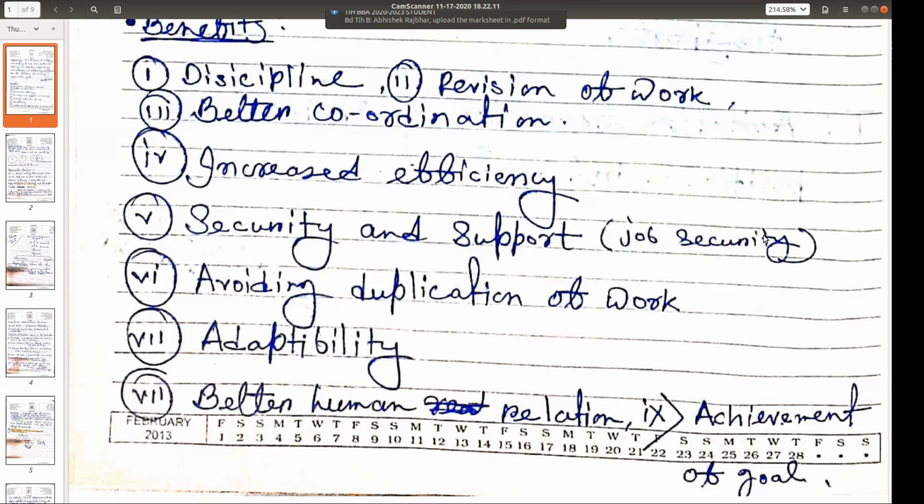Next, if we can do this, then obviously our efficiency will increase. And not only that, this will ultimately enhance the security and support. That means you can say job security will be enhanced. Job security of a particular person will be enhanced because he is cooperative. He has increased the efficiency of the organization.